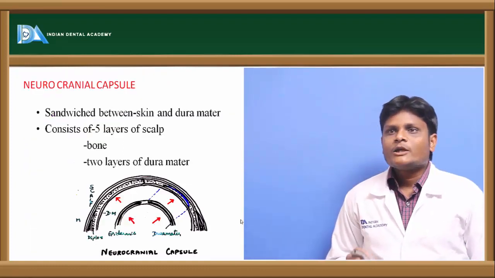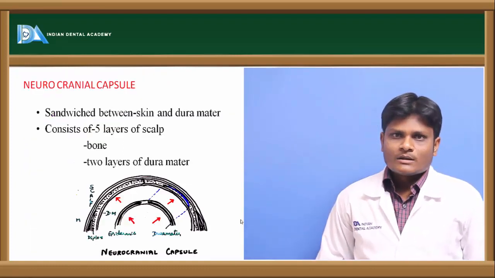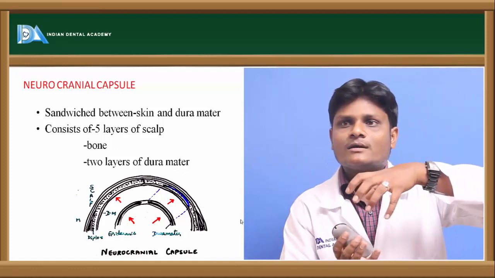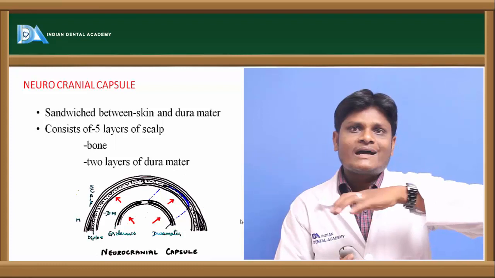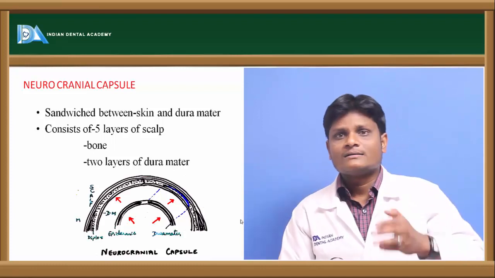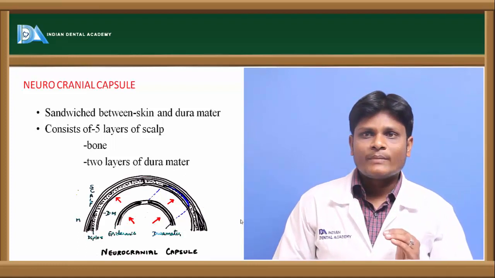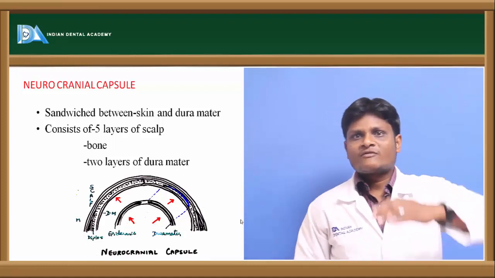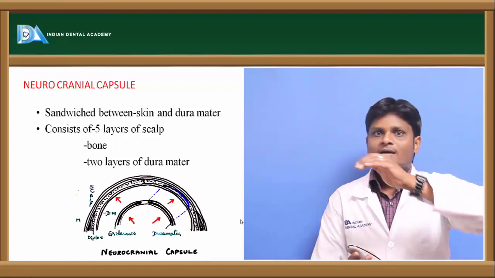When we take a neurocranial capsule, the calvarium is surrounded or encased by this neurocranial capsule, which has an outer covering of the scalp and the inner covering by layers of the dura mater. In between these two layers is the calvarium.